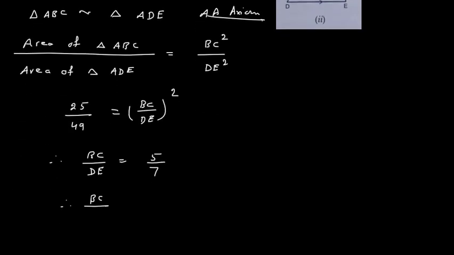So BC upon DE is equal to 5 upon 7, taking the square root on both sides. So BC upon 14 is equal to 5 upon 7, and from here BC is equal to 5 divided by 7 multiplied by 14.